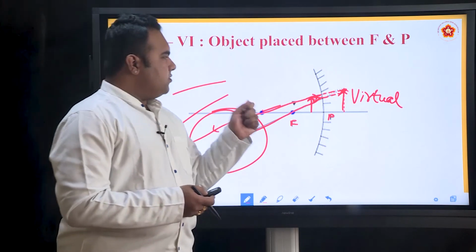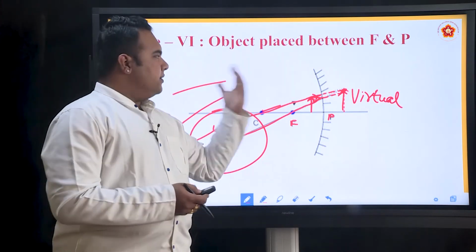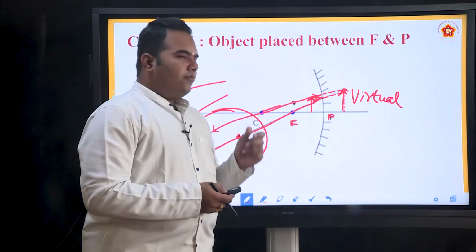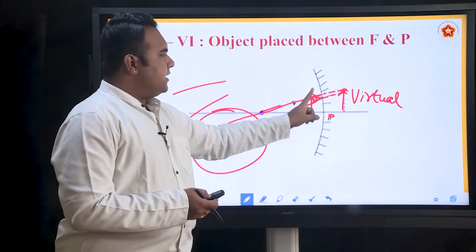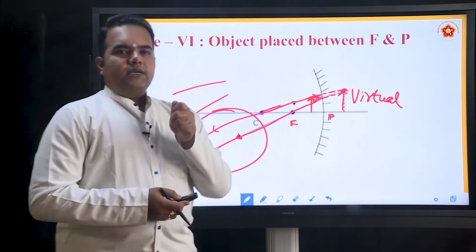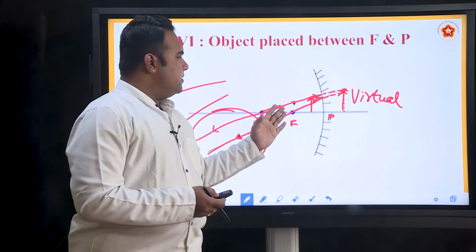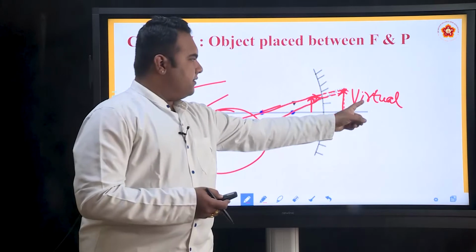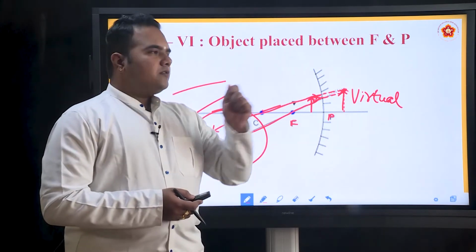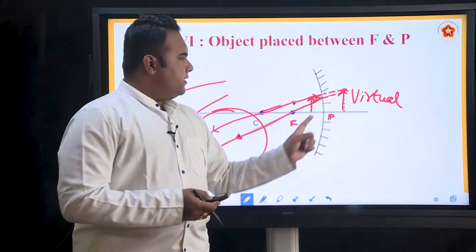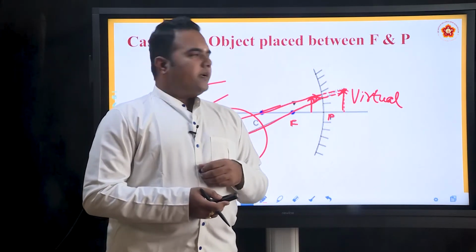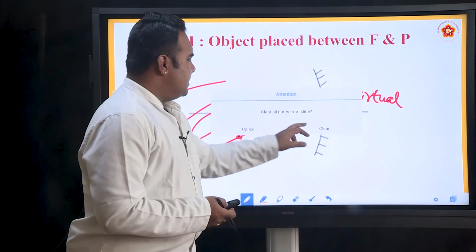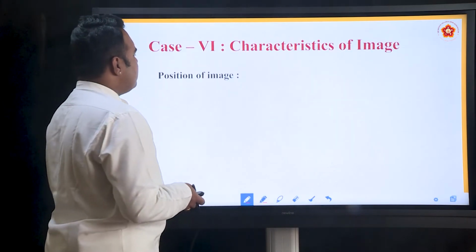This you can see when you take a spoon of a bigger size, a ladle, and then if you try to keep it very close to your face, you will be able to make out that whenever the object is placed quite close to you, you will be seeing your face virtual and erect. Suppose whenever it is far away, then you will be able to see that the object will be inverted or upside down. So, let us formulate the result now.